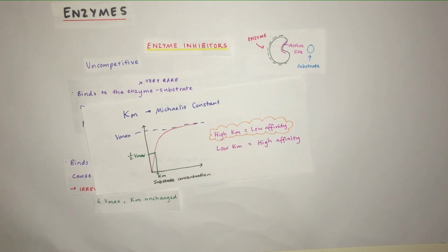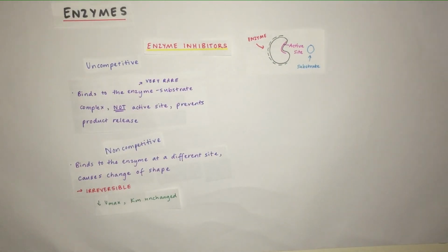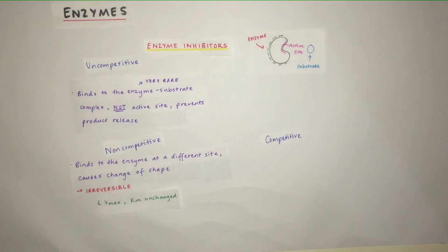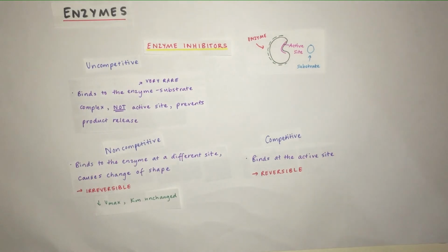There's some maths going on behind that, but I would just remember that the Vmax becomes lower and the Km is unchanged. And then we have competitive enzyme inhibitors, which bind at the active site, what's in hot pink there, where the Vmax is unchanged and the Km increases as a result of binding to the active site.